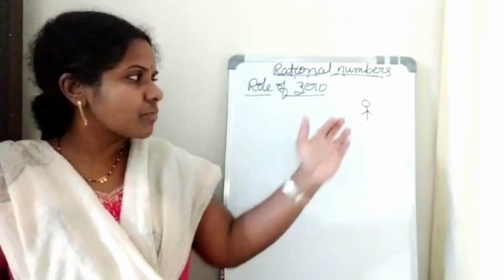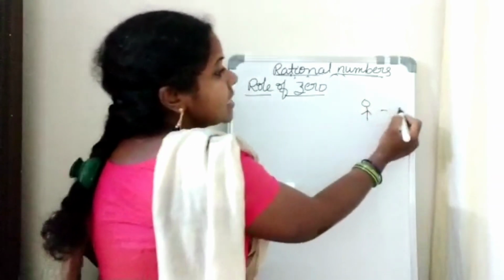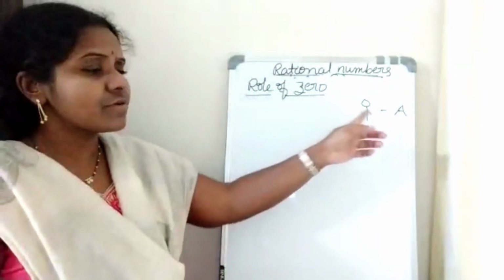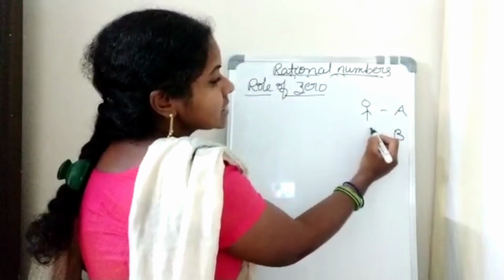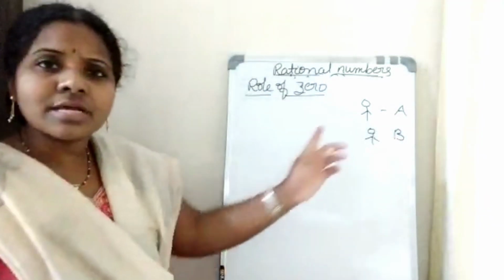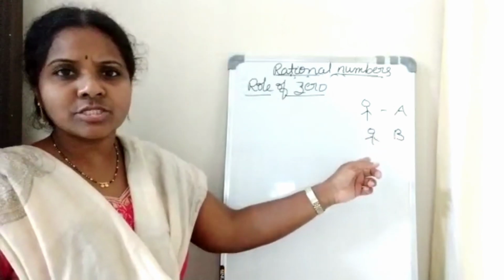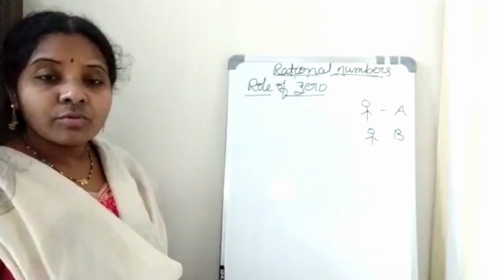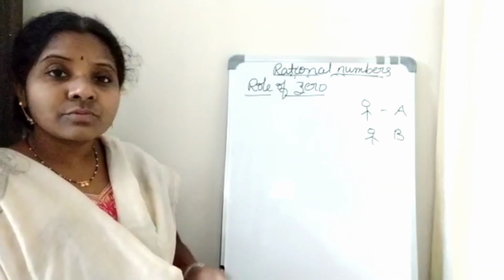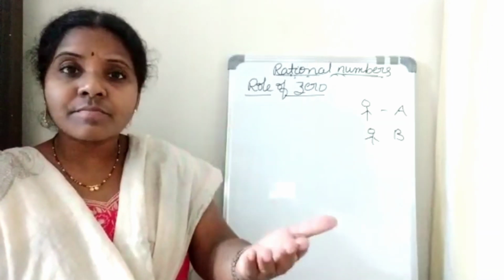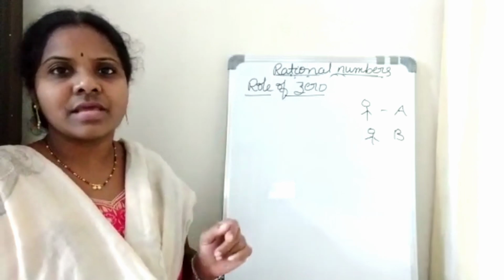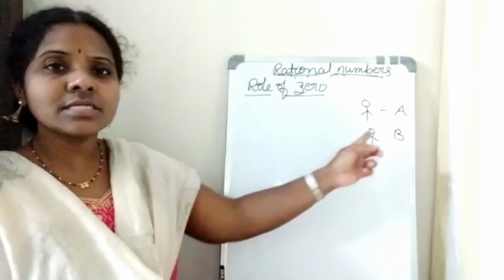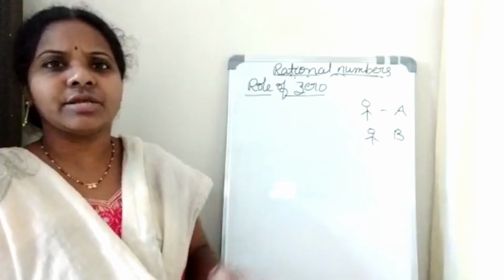His face only. Suppose his name is A, then A's face only will appear. Suppose B is seeing in the mirror, whose image will appear? B's image only. That is called its identity.